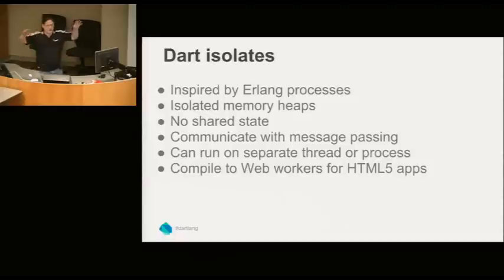You just have these separate isolates, and they pass messages back and forth to each other. And the nice thing is you could have one isolate serving one request, and then you upgrade your software, and the other isolate starts running with a new copy of the software, so you don't even have to restart your server. It just seamlessly upgrades itself.